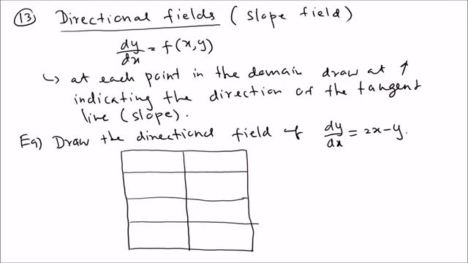Let's divide this into three parts. Let's say this is 0, and then 1, 2, 3, and then -1, -2, -3, like that.